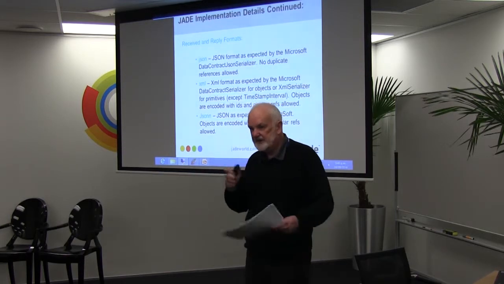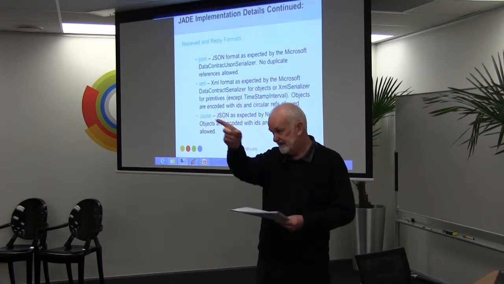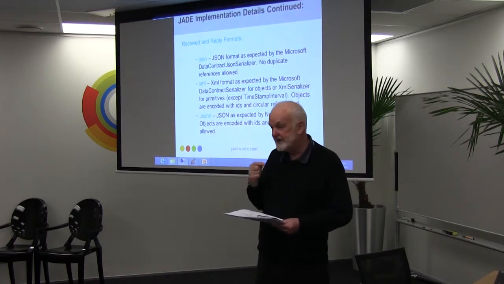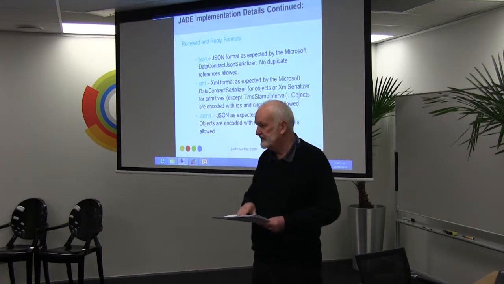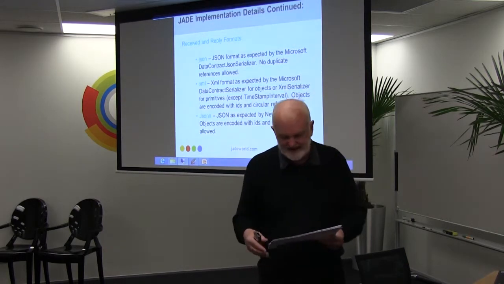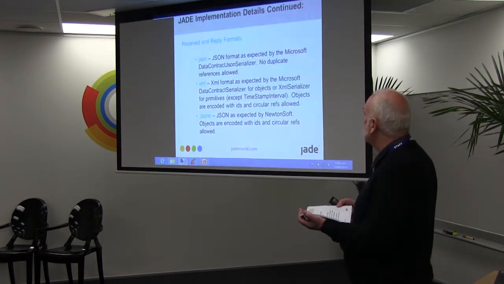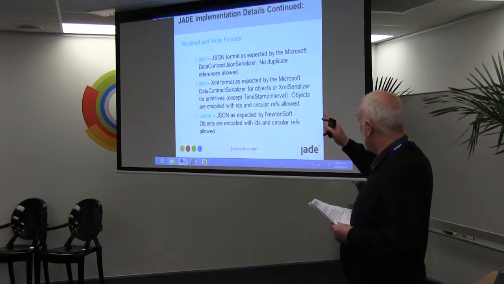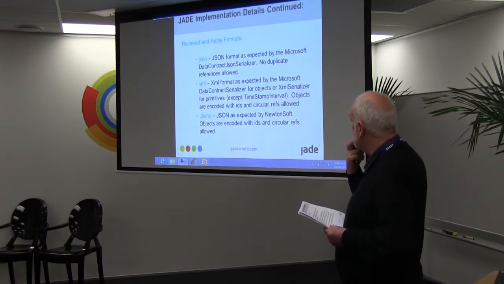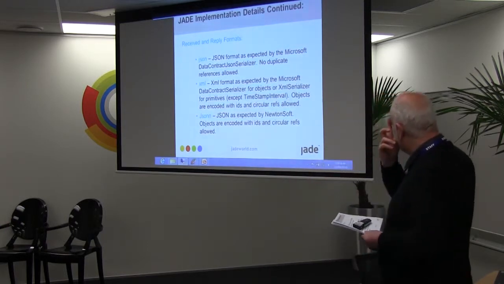So if you have an object you want to encode that points to an object that points back to one of the objects you've already seen, that will generate an exception in the C# because it cannot be handled. And if you try to output in Jade, if you generate that environment and try to generate JSON, it will also generate an exception saying, I'm sorry, this can't be handled.